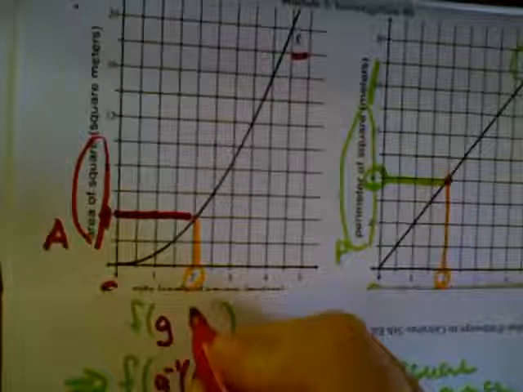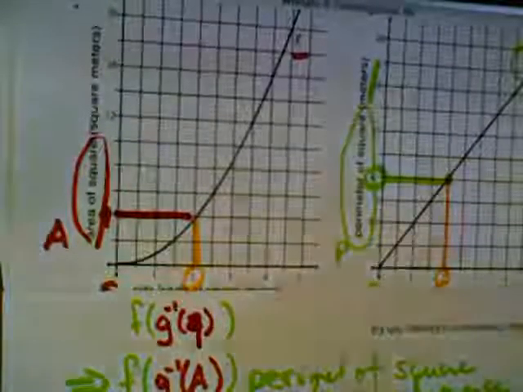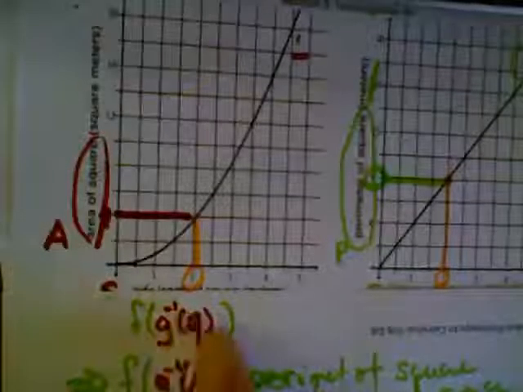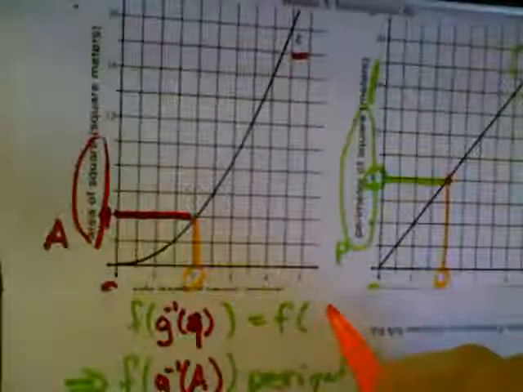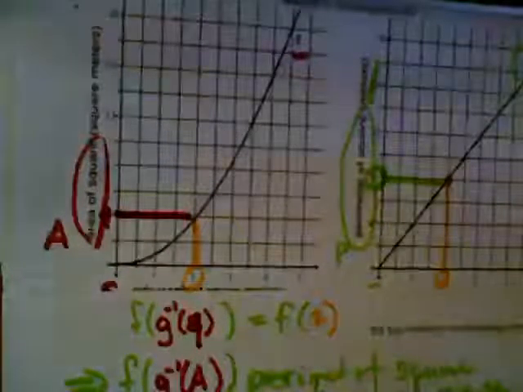So f applied to g inverse of 4 is equivalent to f applied to 2, and f of 2 equals 8.